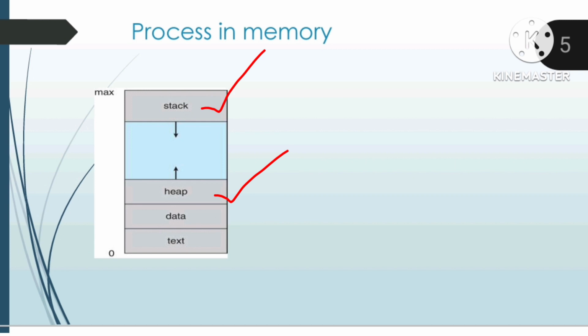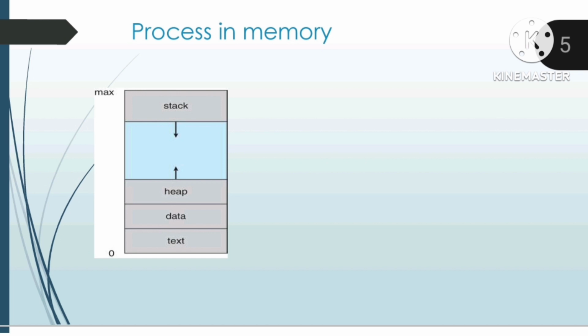One important thing about heap and stack is that heap will grow upwards and stack will grow downwards, in the sense that they both will not grow in the same direction. The reason is, if I grow both of them upwards, I don't know where to start each one of them.